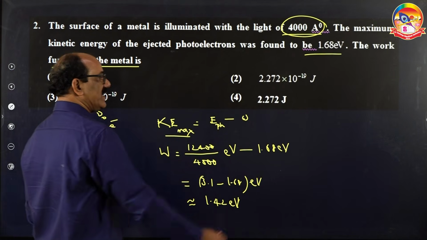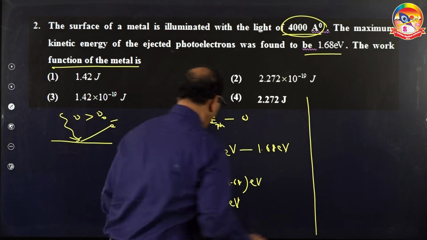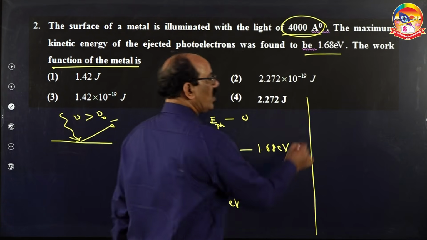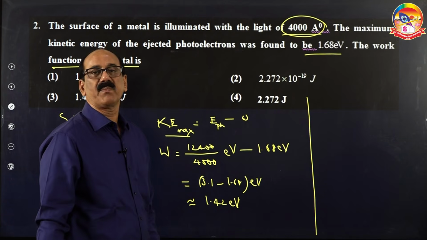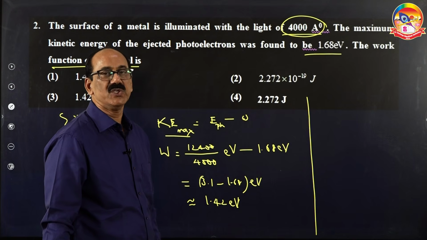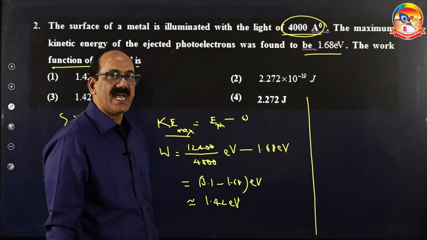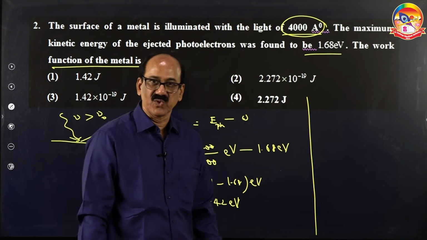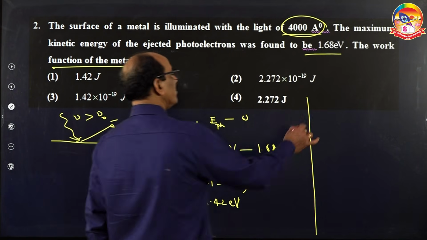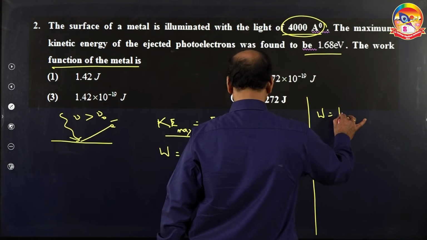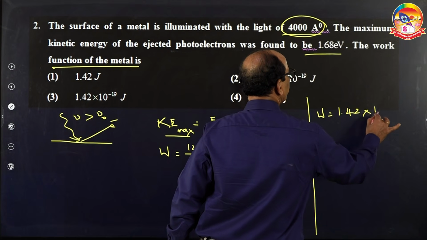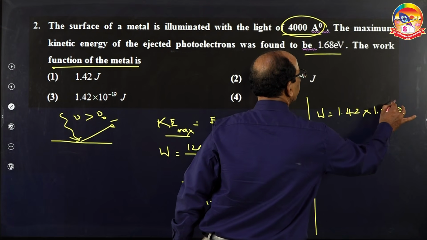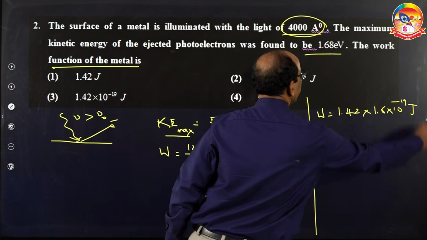So we have to convert this into joule. We know 1 electron volt is equal to 1.6 into 10 power minus 19 joule. That is, the kinetic energy gained by an electron when it is accelerated through a potential difference of 1 volt is known as electron volt. Hence, the work function is equal to 1.42 times 1.6 into 10 raised to minus 19 joule.